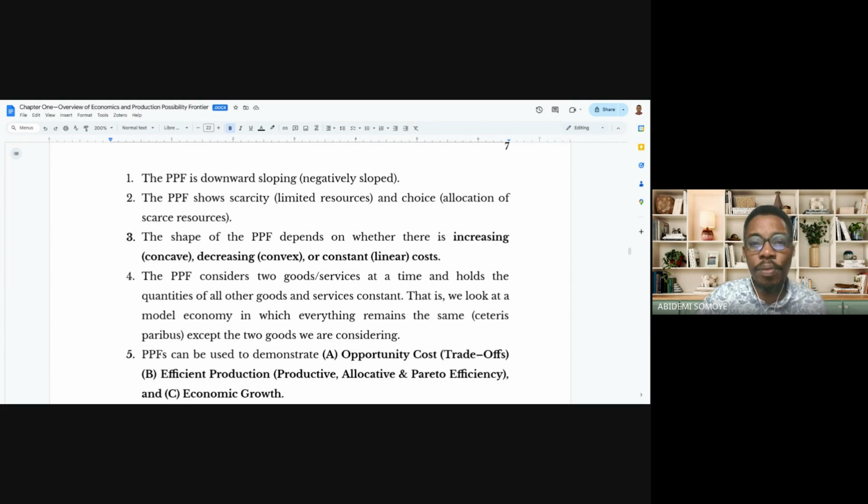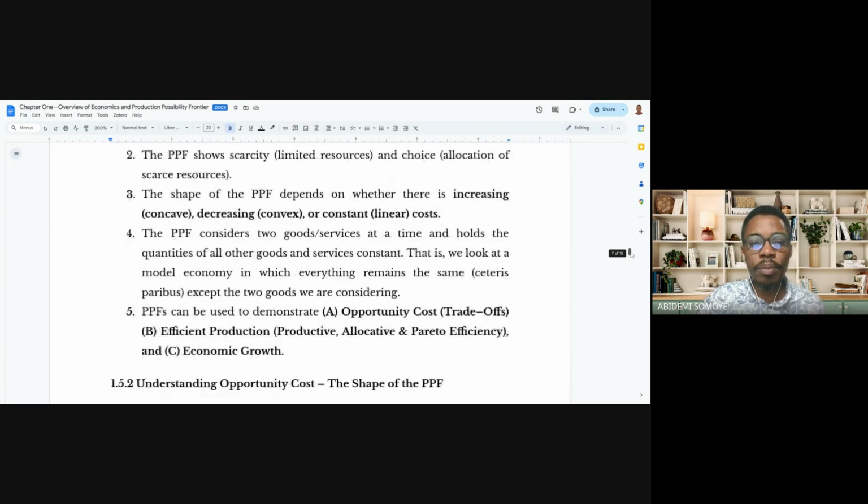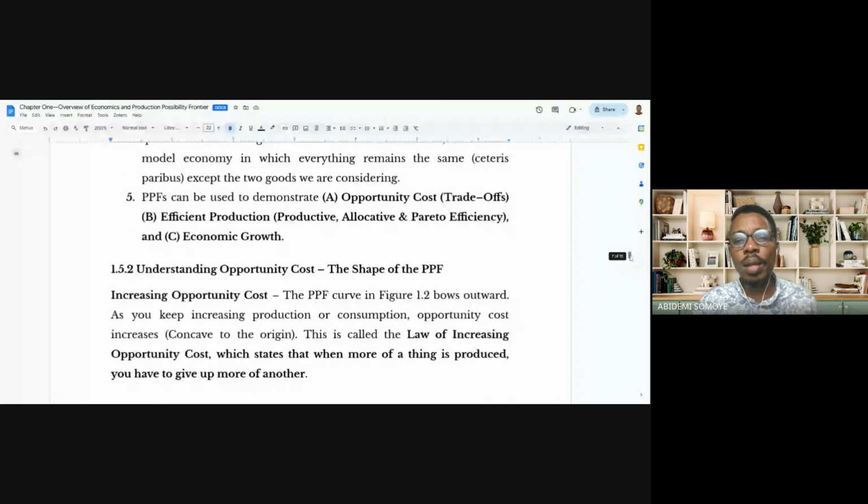Okay, so number five. This is where we're going to be expatiating further. Number five, PPFs can be used to demonstrate A, opportunity cost. Okay, I already explained that when a curve is negatively sloped, it shows that there's a trade-off. Opportunity cost also shows trade-off.